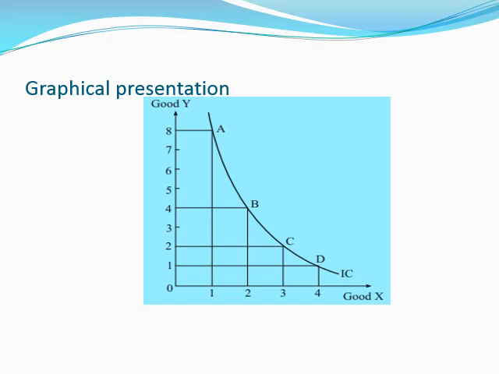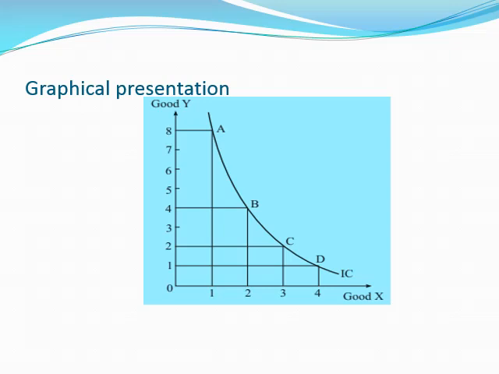But here we need to emphasize that combination A and combination B, combination C and combination D give the consumer the same level of satisfaction. In this manner there is no difference.